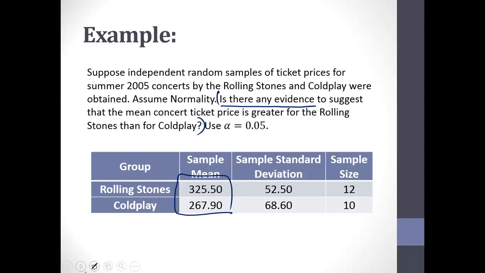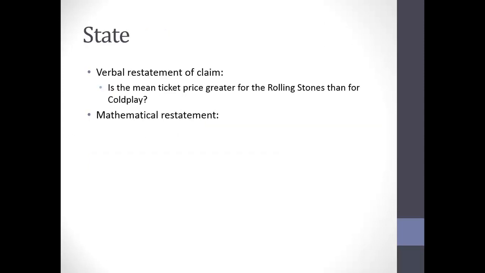Okay, so again, slowly stepping through how we're going to do these things, we'll do the 4-step process here. To verbally restate the claim, the question we're interested in is, is the mean ticket price greater for the Rolling Stones than for Coldplay? So our mathematical statement here: let mu sub r equal the mean ticket price for Rolling Stones tickets.